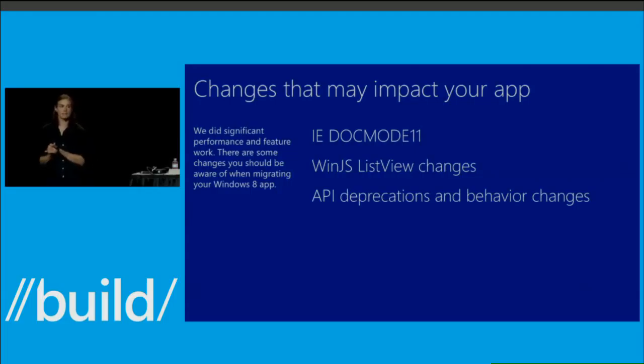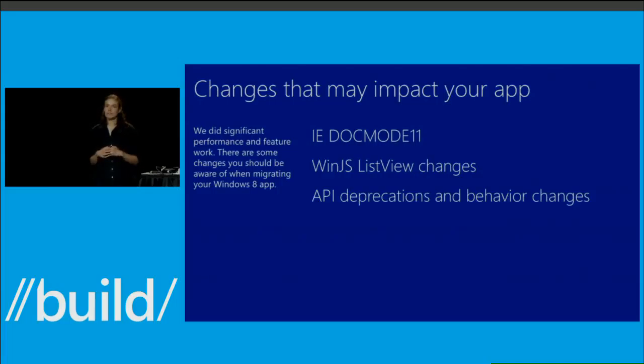You cannot set your renderer to be 10 compatibility mode the way you can in a website. So with IE's move to document mode 11, there were some changes. Hit testing in some cases works a little bit differently, and there were some deprecated APIs that have now been removed. And those have all been well documented.